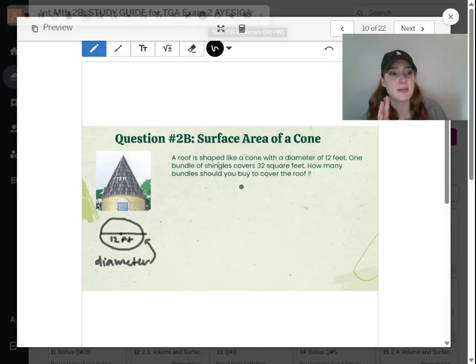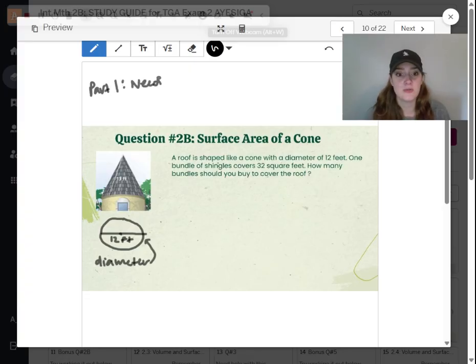So this is going to be 2 parts. I'm going to say part 1, just like planning ahead. Part 1, we need to know how many square feet this roof is. Need to know square feet of roof. We need to know that amount.